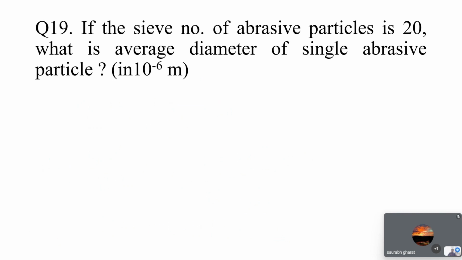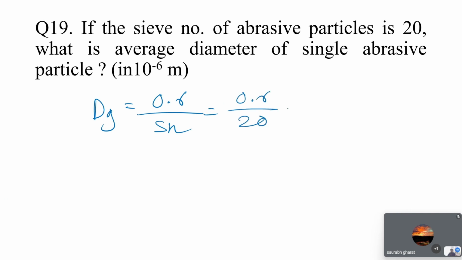If the sieve number of abrasive particles is 20, what is the average diameter of a single abrasive particle? Again you know your dg is equal to 0.6 divided by Sn, which is 0.6 divided by 20, equal to 0.03 inches.